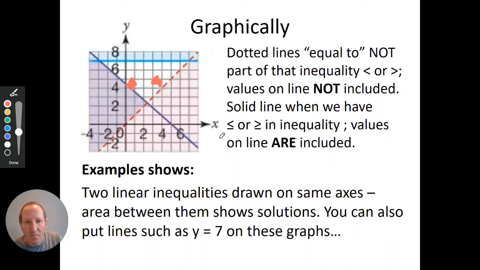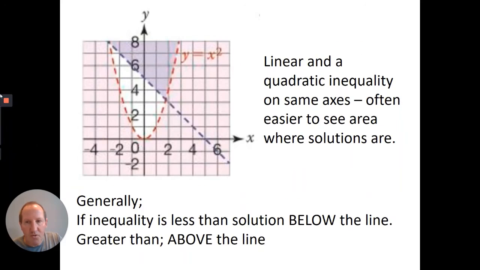Okay, going to look at an example of a quadratic one drawn here. So very similar. Quadratic, we just get that U shape, it's a parabola, and we get a linear inequality drawn there, and quite often with these it's easier to see the area. You can guess this is the area where all the solutions are.